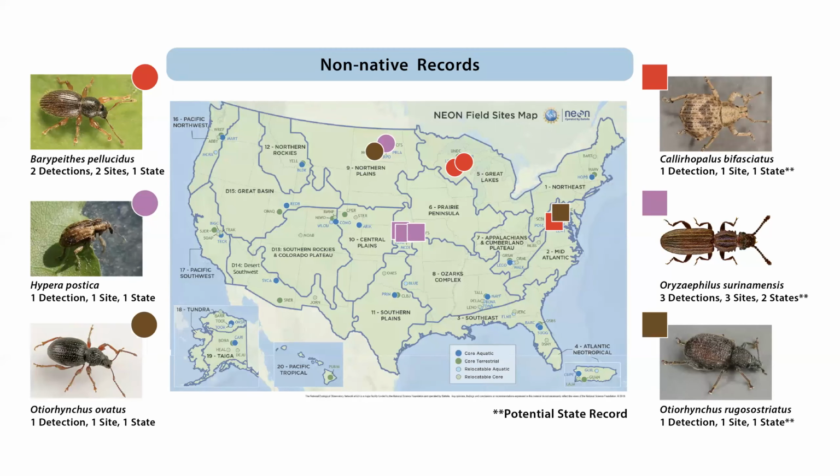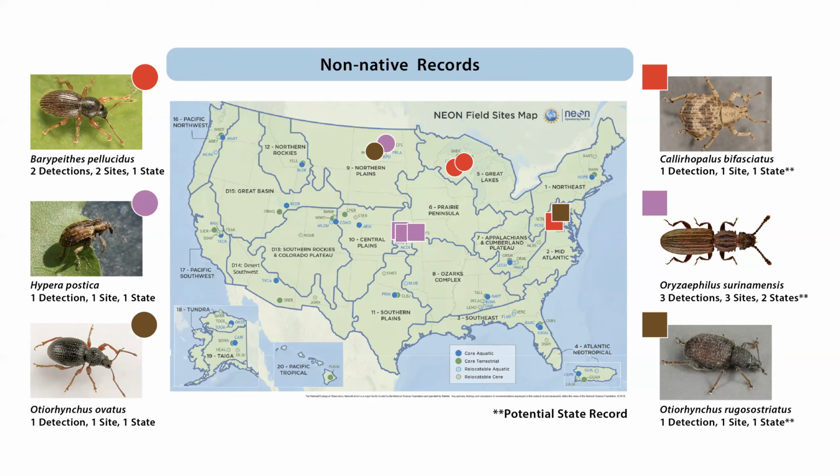And to put some pictures with this data, I looked yesterday and we did not find any emerald ash borers in the data, but I think that probably makes sense given their natural history, that you probably don't collect them with pitfall traps very regularly. Some of these are well known.